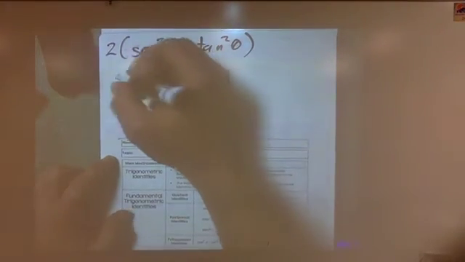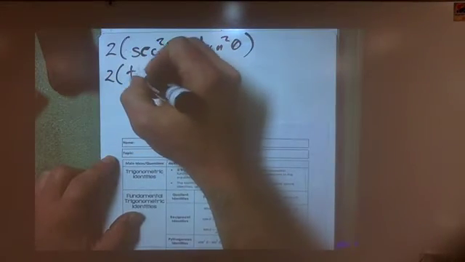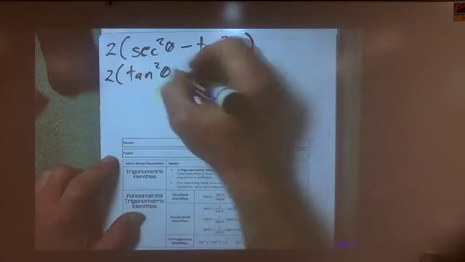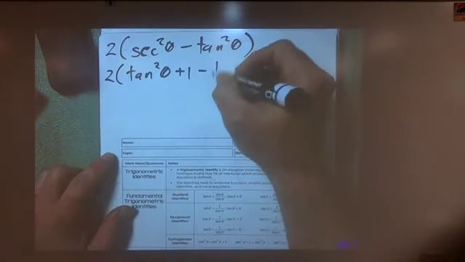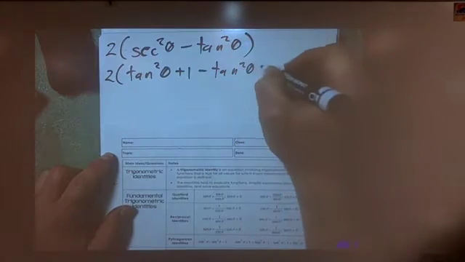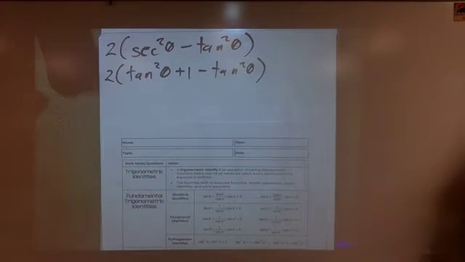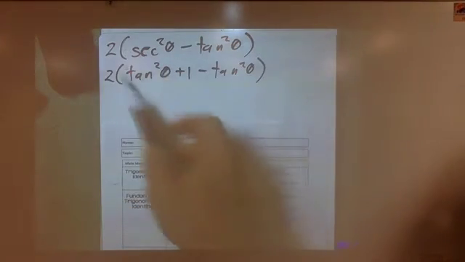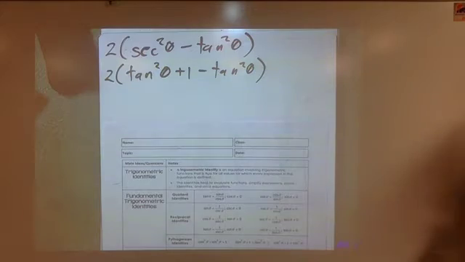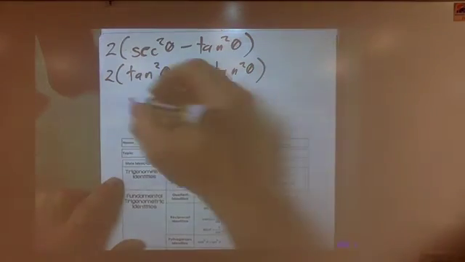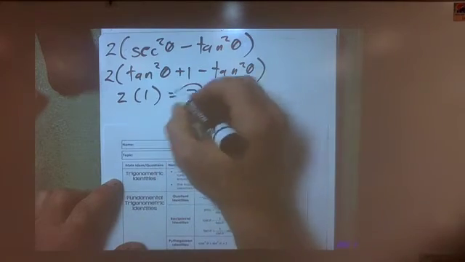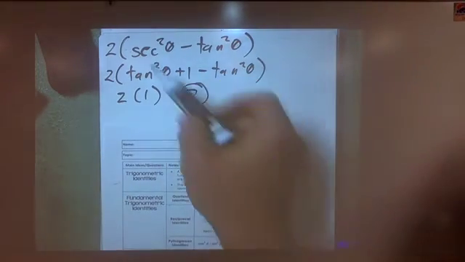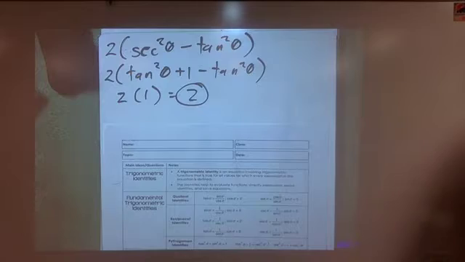We'll substitute out the secant squared for tangent squared theta plus 1. And then we still have this minus tangent squared theta. So inside our parentheses now we've got a tangent squared theta minus a tangent squared theta, so that's going to cancel out, and we're just going to be left with the 1, and 2 times 1 is 2.